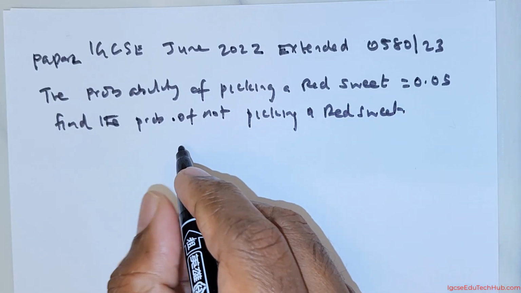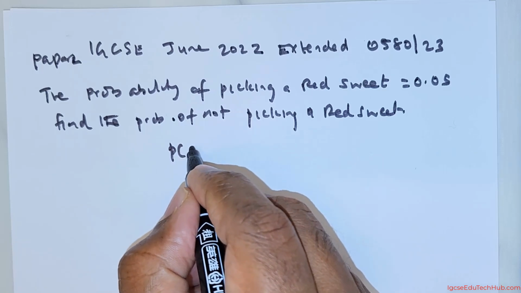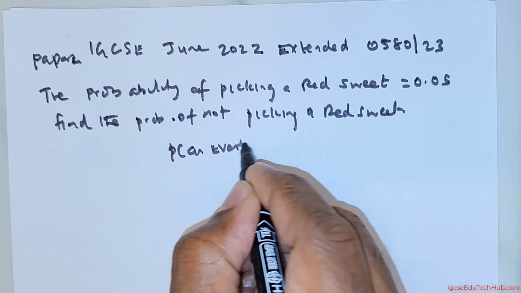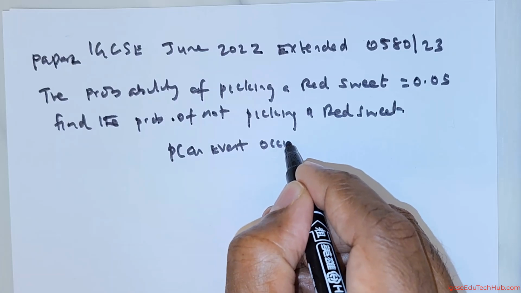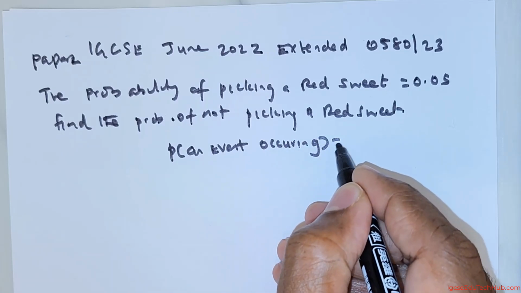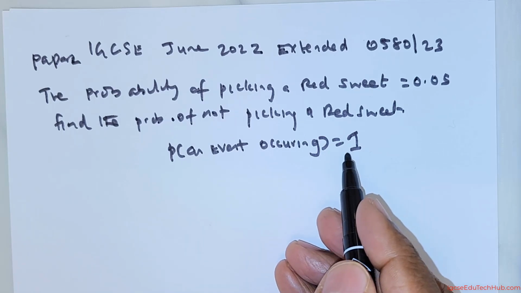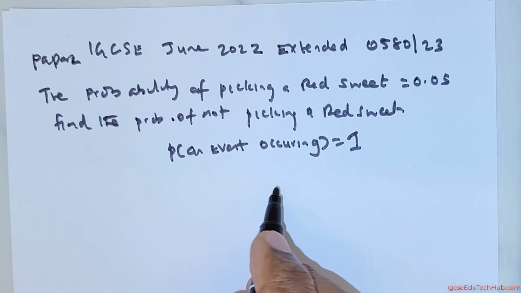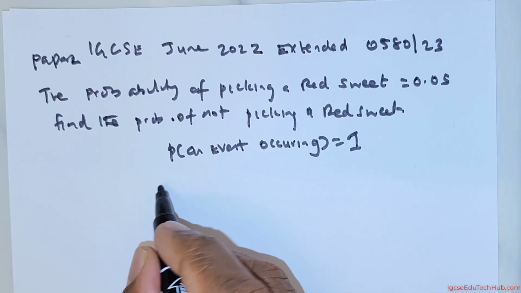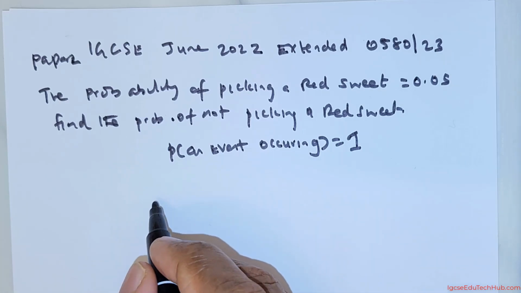Now remember, the probability of an event occurring is given as 1. And if you want to find the probability of an event not occurring, then we will have to use the following formula.